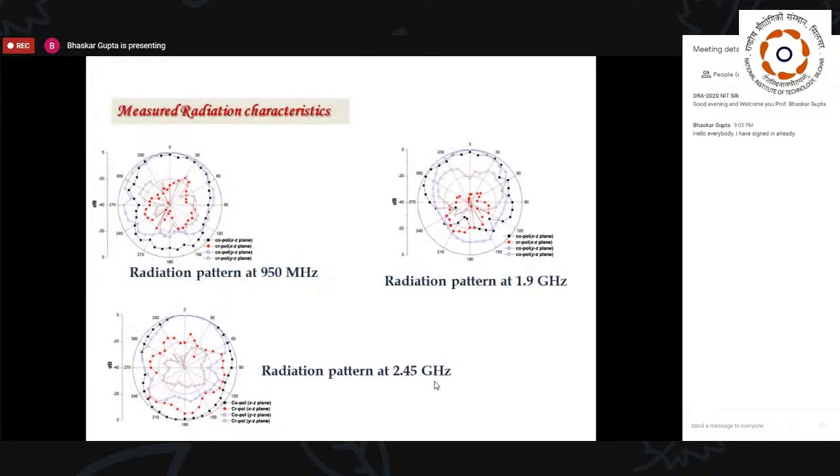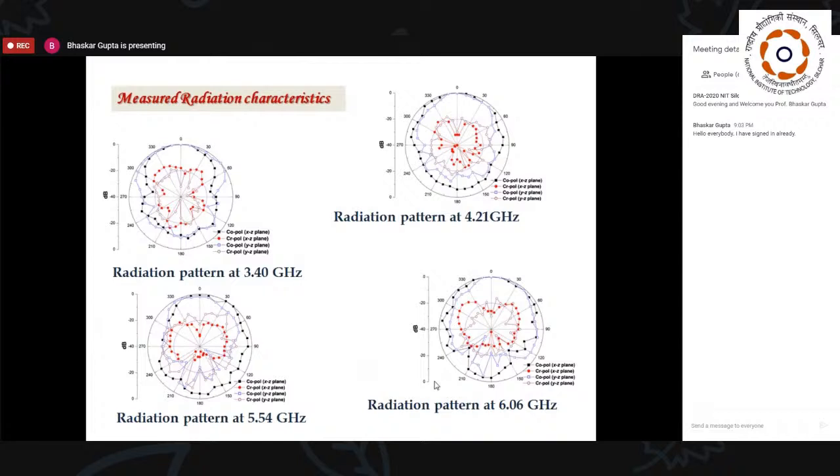It's already almost 10. And these are the radiation patterns at the different frequencies, both co and cross pole, always having large cross pole discrimination, and more or less always a broadside radiation. That broadside radiation characteristic is maintained at 3.4, 4.2, 5.54, 6.6, all those resonant frequencies.